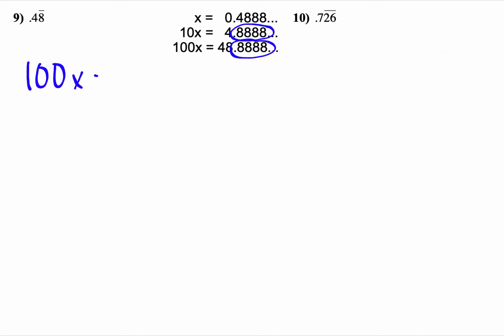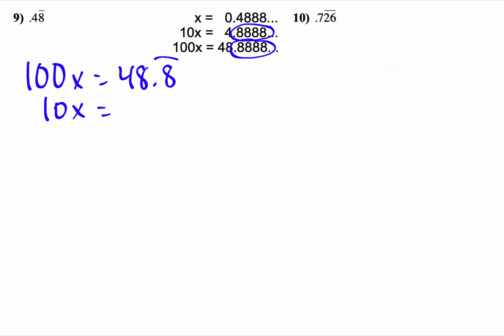Two more examples. These ones are intended to be a little bit more complicated. 0.48 with the 8 repeating. First, take a look at our options. It looks like 10x has 8 repeating and 100x. So those are the ones we're going to use. 100x is 48.8 repeating, and 10x is not 8.